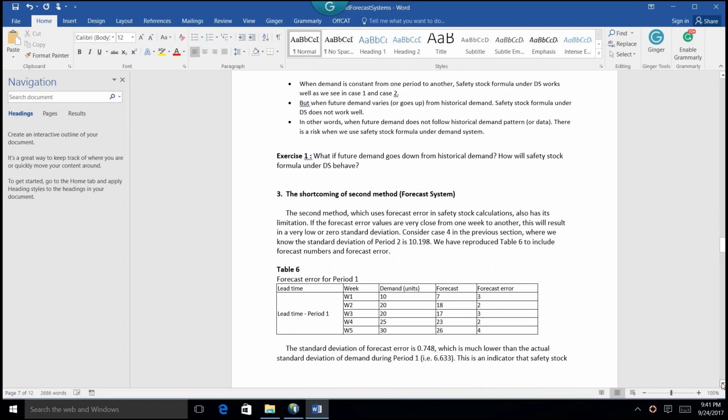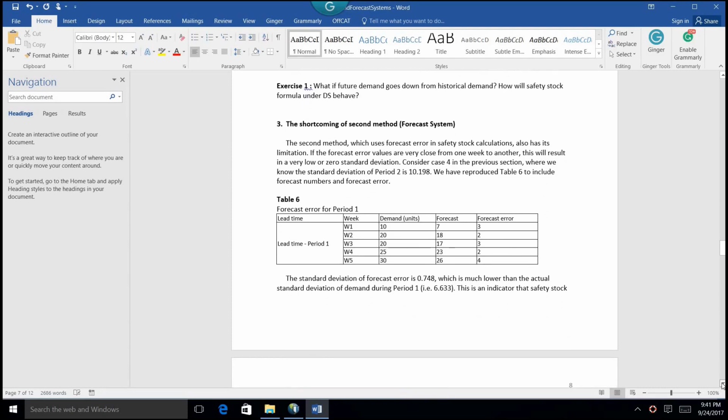Let's have some discussion on the forecast system. As we have seen in the beginning, the forecast system uses forecast error instead of the standard deviation of demand in the safety stock formula. So we have assumed some demand, some forecast, and against those forecasts we have some forecast error that we calculated.